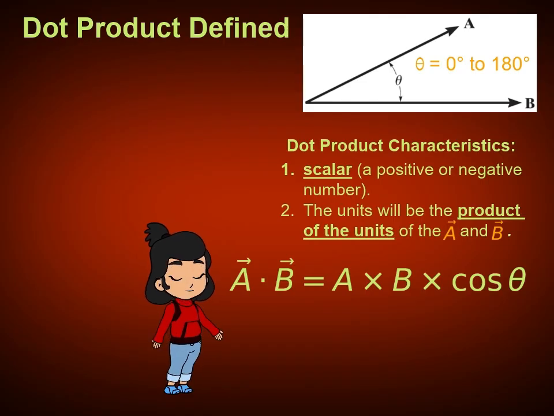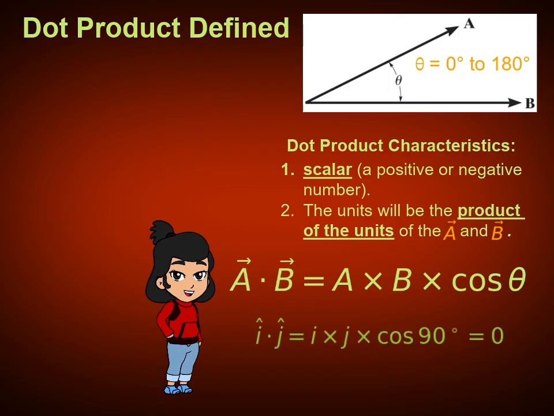By definition, A dot B is equal to A times B times cosine of theta. Therefore, when you are taking the dot product of 2 unit vectors, for instance, i dot j, since they have an angle between them of 90 degrees and the cosine of 90 degrees is equal to 0, unit vector i dot unit vector j is equal to 0.